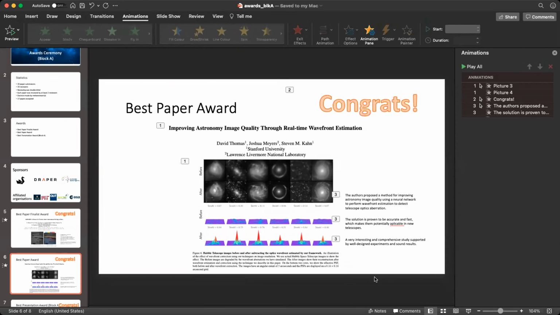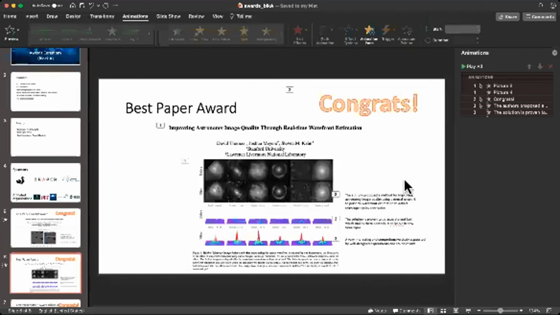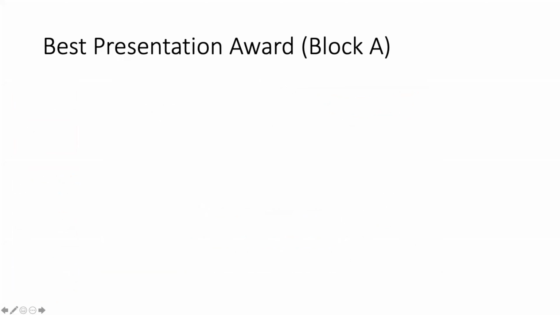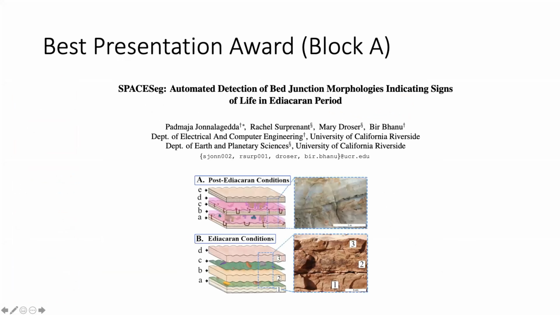Thank you. Okay, so I kind of revealed it by not going to presentation mode, but the Best Presentation Award in Block A goes to SpaceSec: automated detection of bed junction morphologies indicating signs of life in the Ediacaran period. And Padmaja presented the paper earlier today. We all thought that the paper was really, really inspiring.